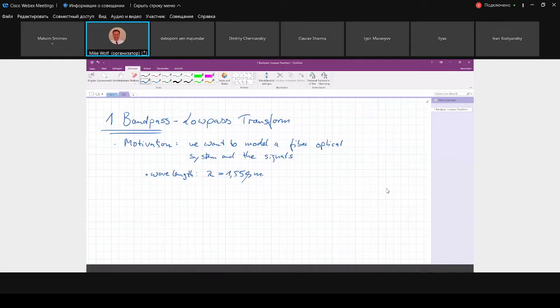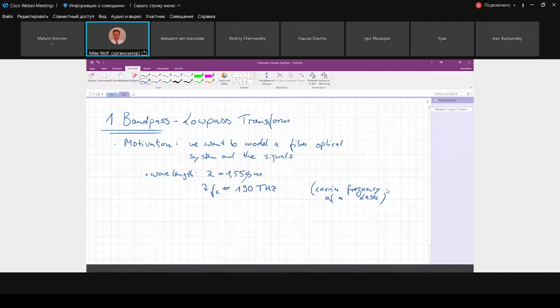Now we can say that the carrier frequency of such a laser diode, and we take a look at the corresponding carrier frequency, is nearly 190 terahertz, not gigahertz, terahertz, so it's an optical frequency.